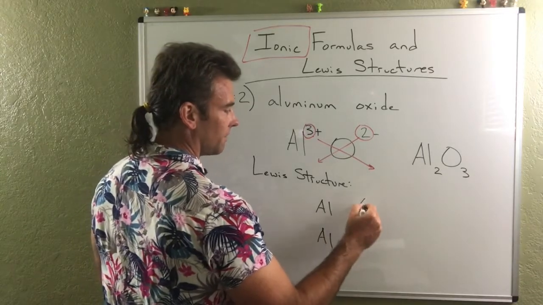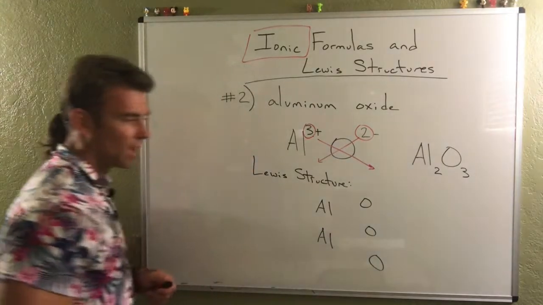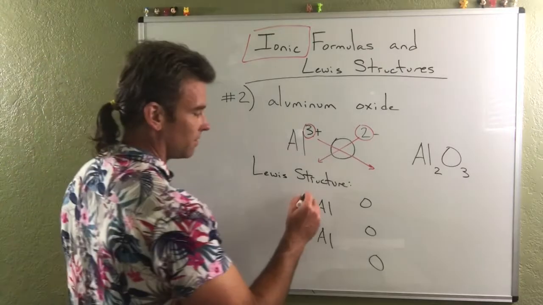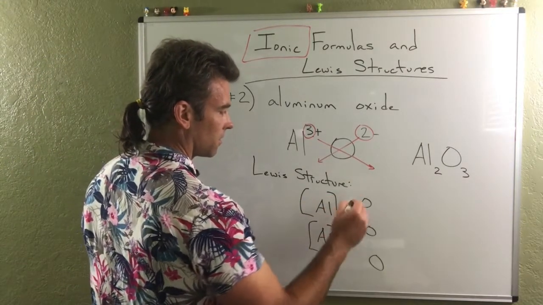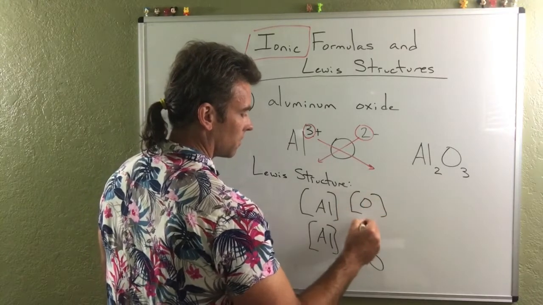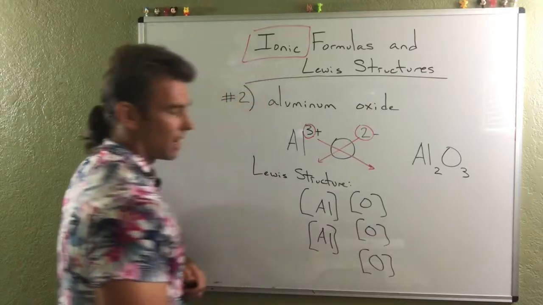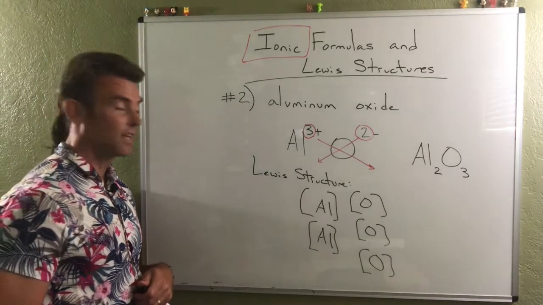I'm going to list off all of the oxygens that are required. I'm going to remember that I need brackets for everyone. I'm going to remember that I need to indicate the charge of all the anions and cations.